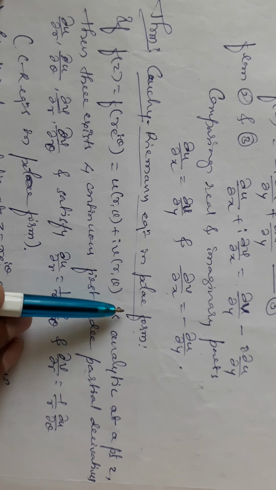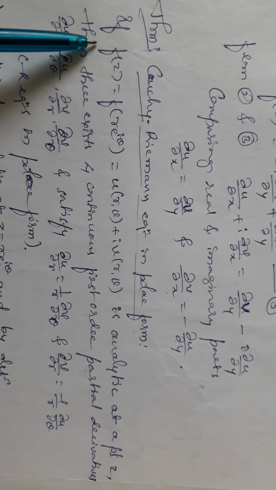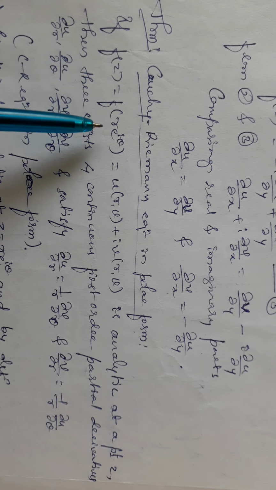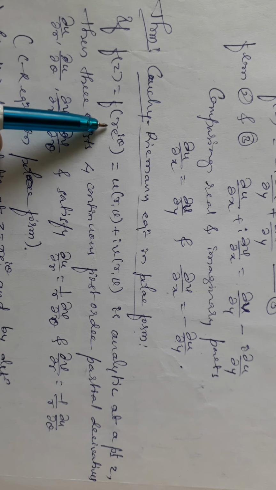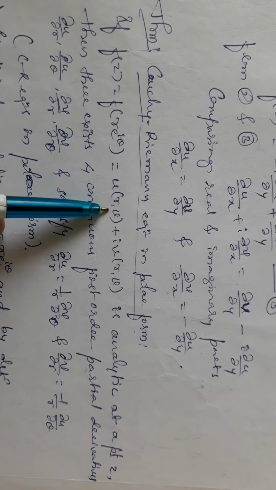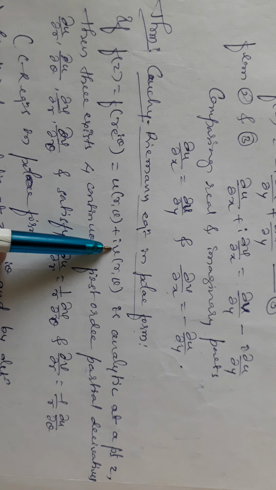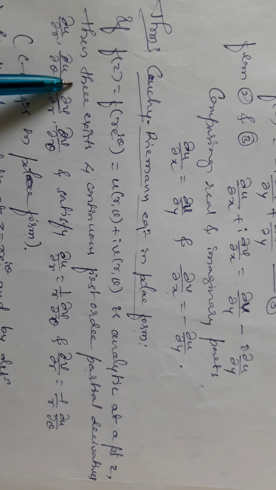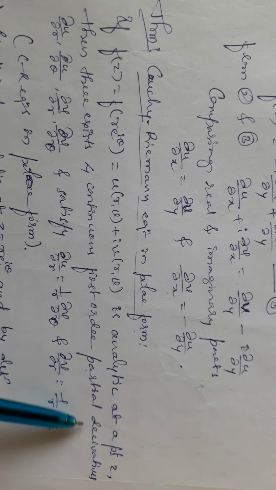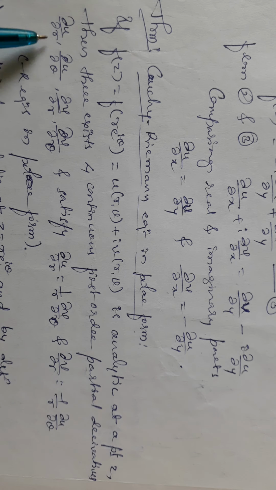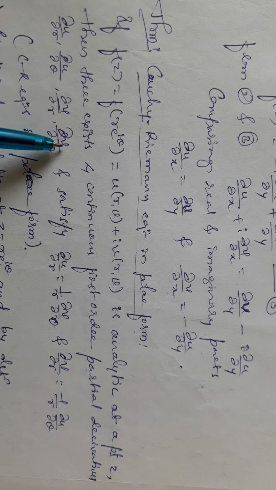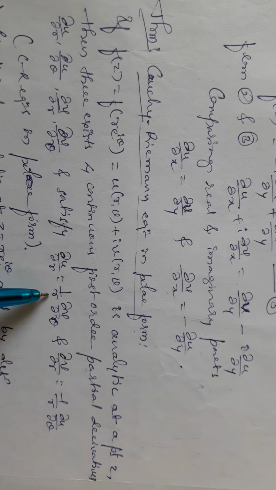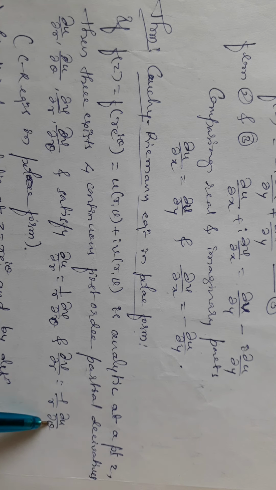If f of z, here z in polar form is r into e to the power i theta, equal to u of r theta plus i v of r theta, is analytic at a point z, then there exist 4 continuous first order partial derivatives dou u by dou r, dou u by dou theta, dou v by dou r, dou v by dou theta, and they satisfy dou u by dou r equal to 1 by r dou v by dou theta and dou v by dou r equal to minus 1 by r dou u by dou theta.